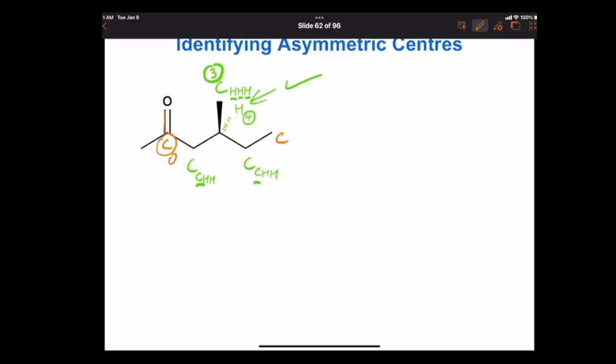Remember, double bond counts twice, so it's actually oxygen, oxygen, carbon. The other side we have hydrogen, hydrogen, hydrogen. Who's the highest priority group, left or right? So this is number 1, this is number 2, 3, and 4. We have 4 different priority groups. That center is an asymmetric center.